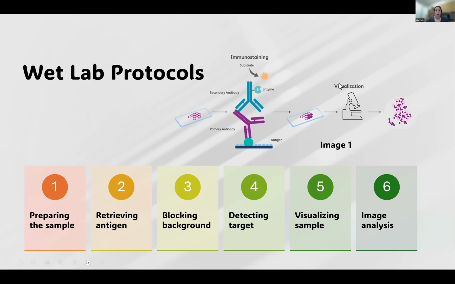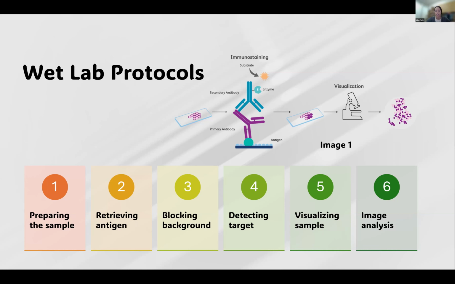So just a little bit of background on the wet lab, because I was involved in wet lab. This is our basic protocol for immunostaining. You would prepare your sample, whether it be formalin fixed paraffin embedded tissue or frozen tissue.